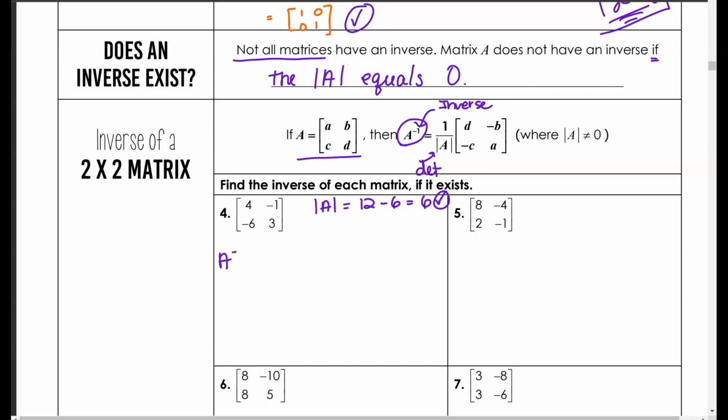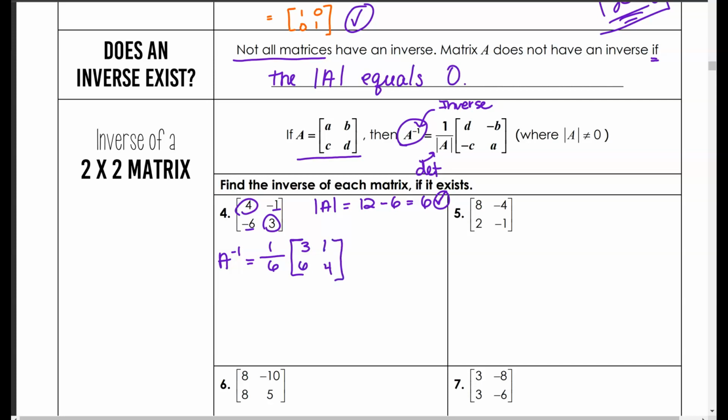Our A inverse here would equal 1 over the determinant. We already calculated the determinant, so it's just 1 over 6. Now we are going to take that matrix and flip A and D, so they get changed, and we are going to negate C and B. So this becomes positive 6 and this becomes positive 1.